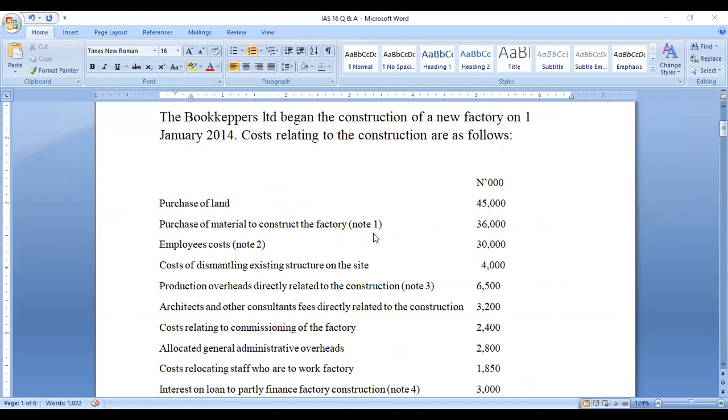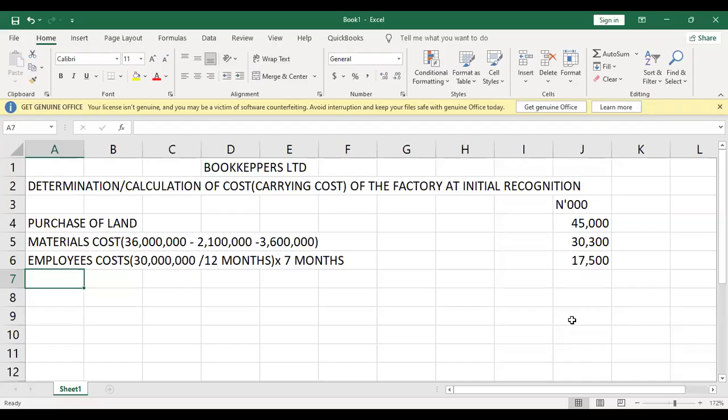Next cost says cost of dismantling existing structure on the site. Is it going to be included? Excuse me, ma. Sorry for taking us back a little. This number one, the 3.6 million, which was incurred as a result of faulty design work.